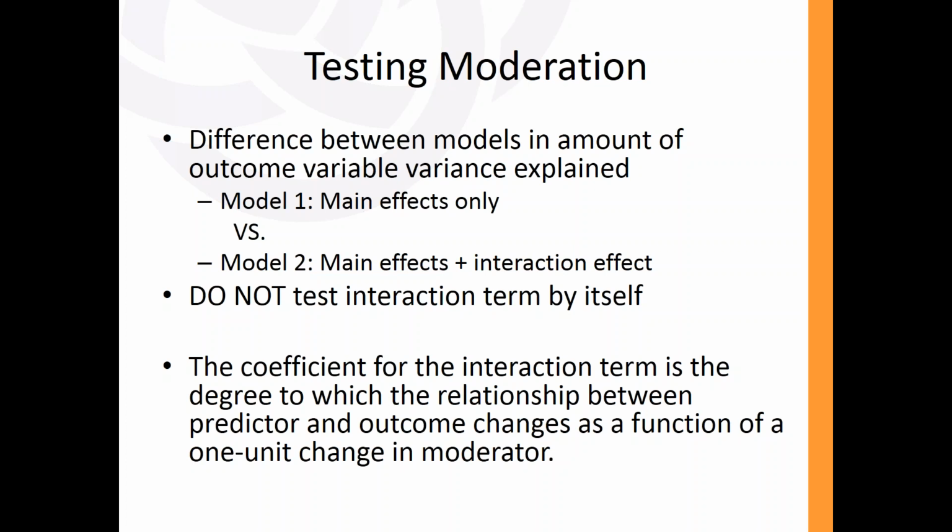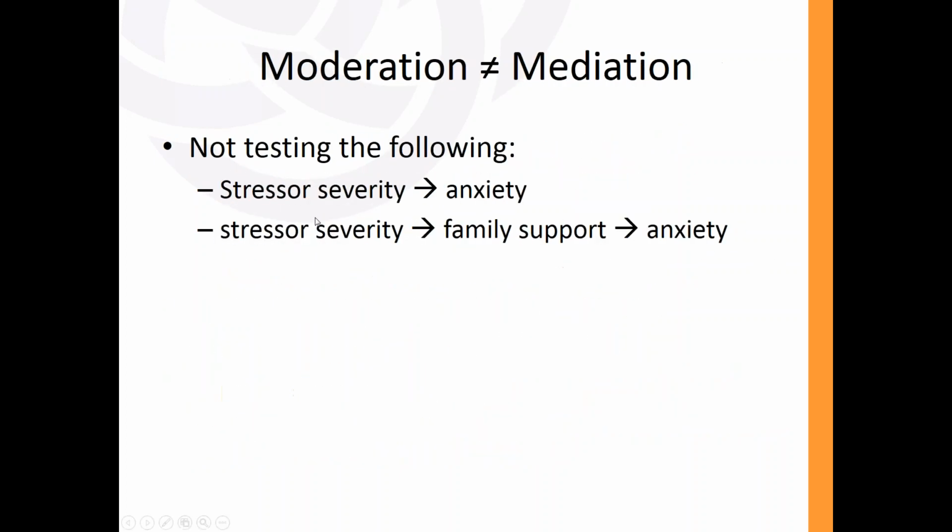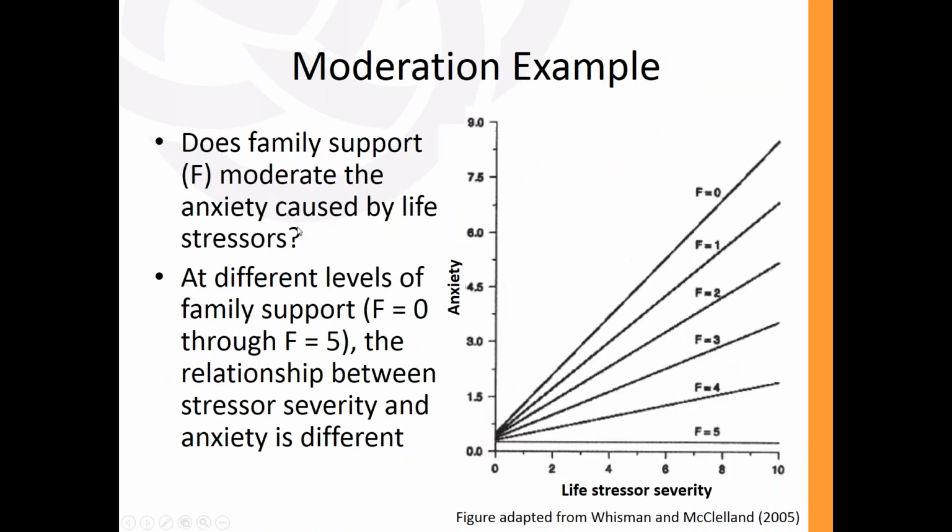Okay, so as with mediation, you also get a beta coefficient for the interaction term. What that value tells you is the degree to which the relationship between the predictor and the outcome changes as a function of a 1 unit change in the moderator. If we go back to this example, you notice that each one of these lines has a different slope.